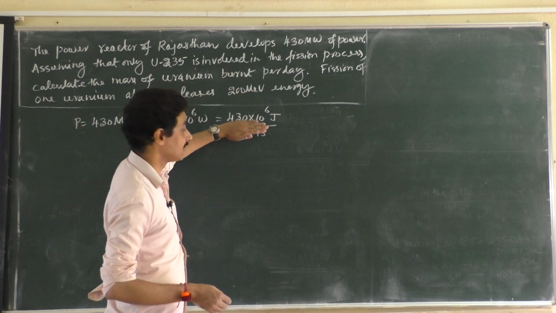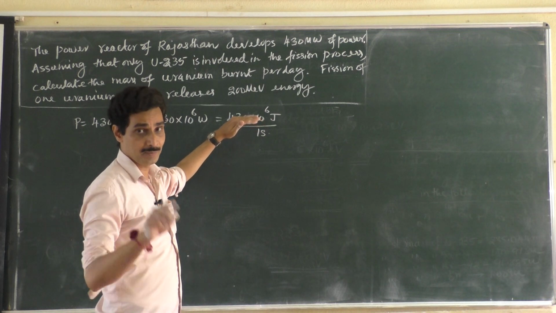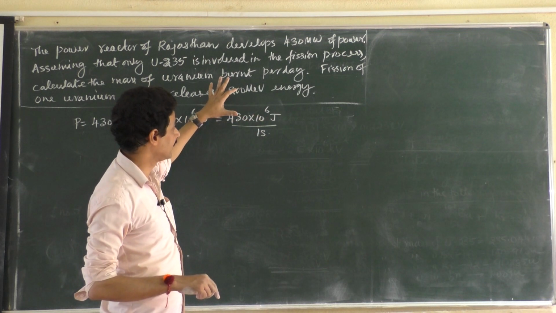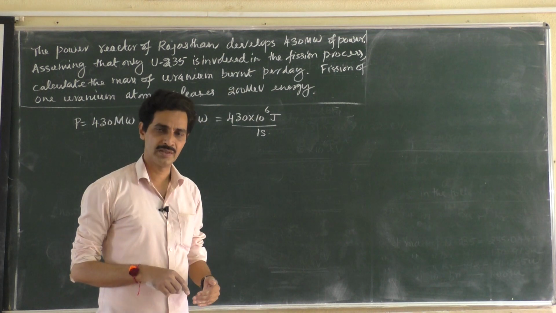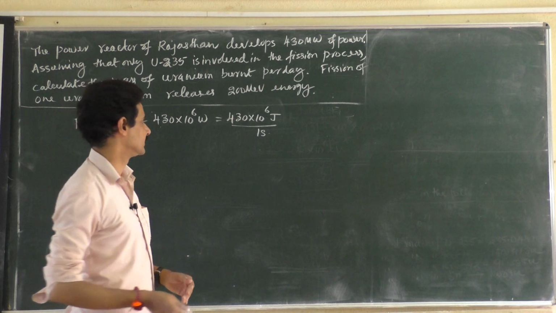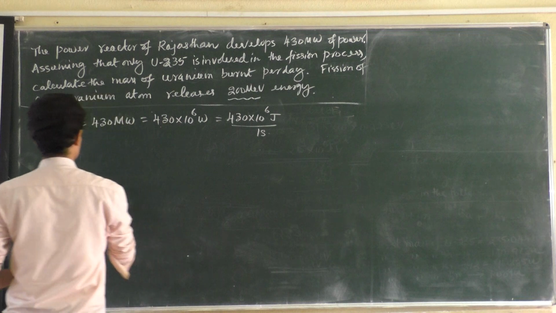Similarly, this much energy needs how many fissions to occur? If you want to compare it, both should be on the same scale. This is in electron volt, this is in joules. So convert both of them to the same scale, either joules or electron volt. I will convert this to joules.